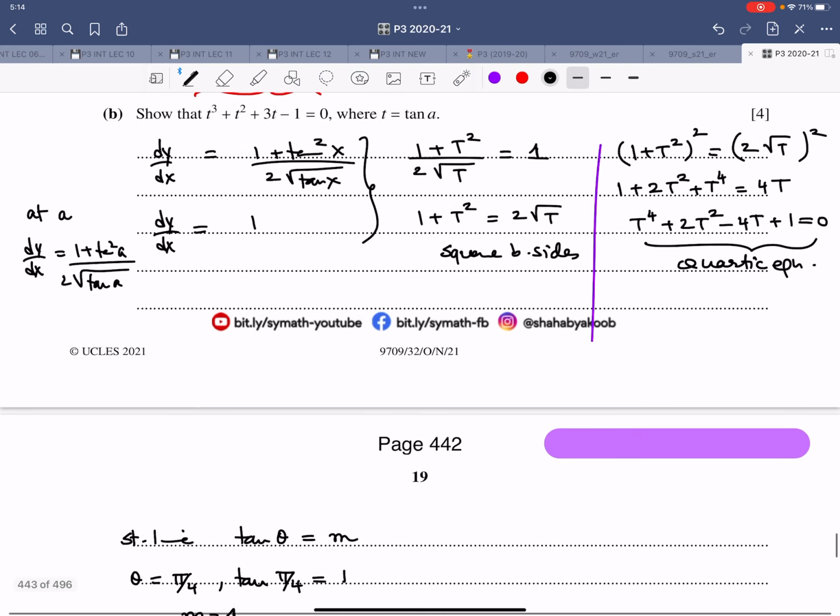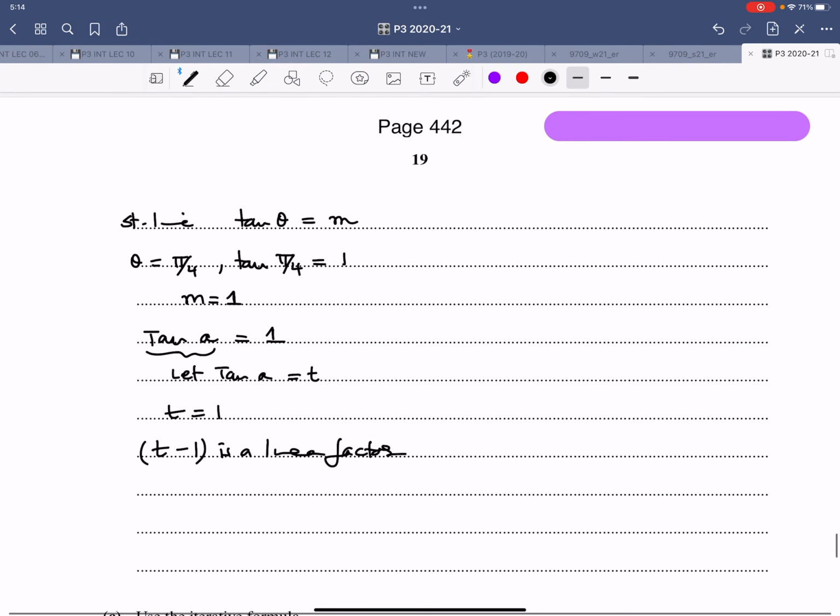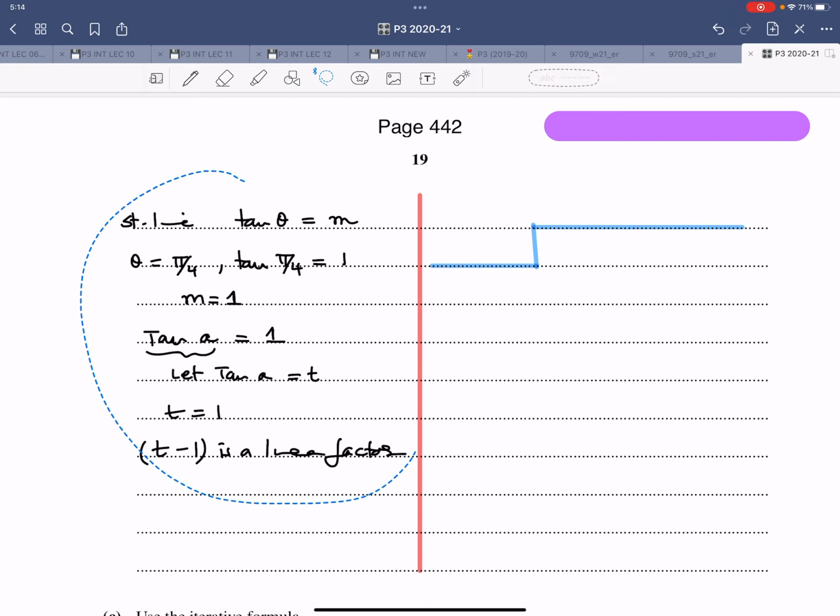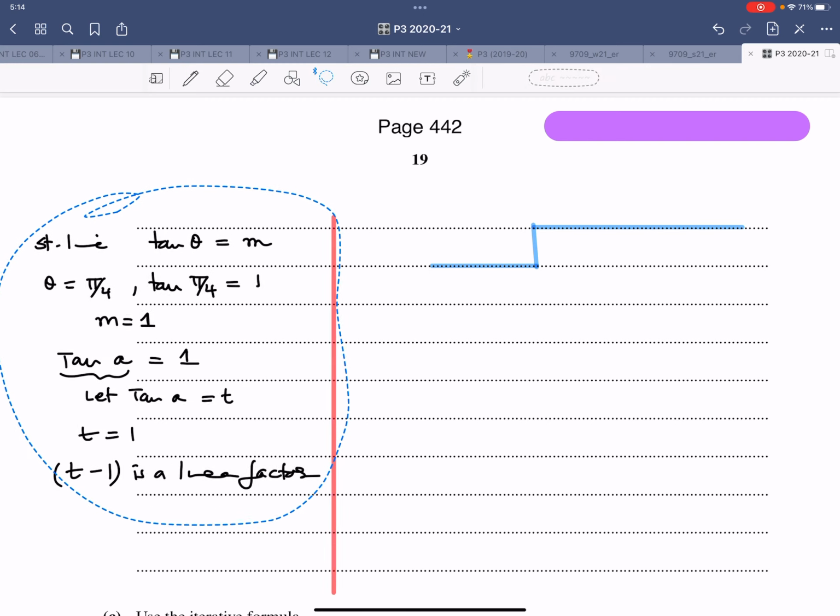So therefore, now when I do long division, let me just draw a line in the middle. And now when I do long division, let's see how it goes. Let me shift this thing at the corner, so something like this.